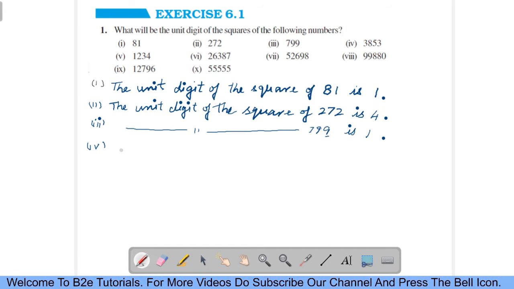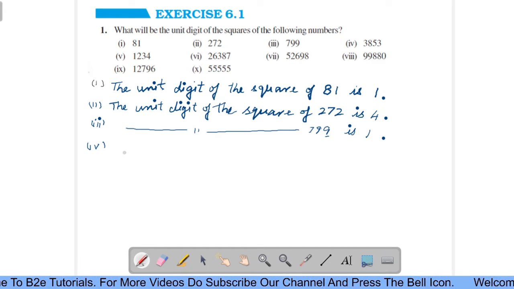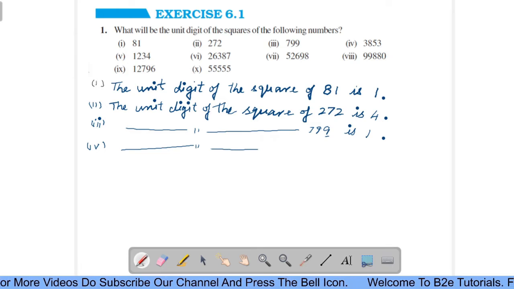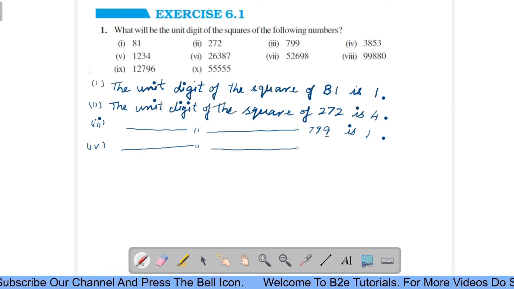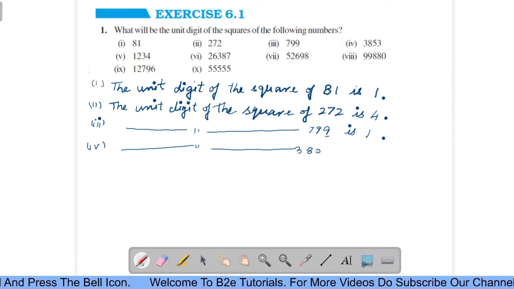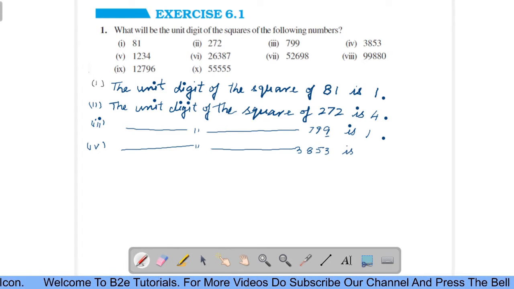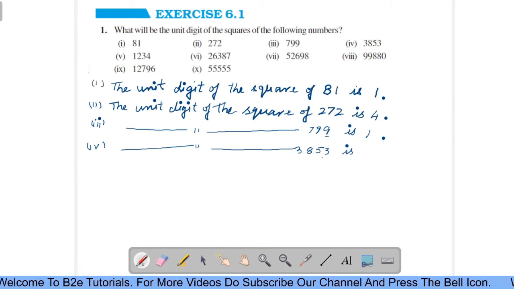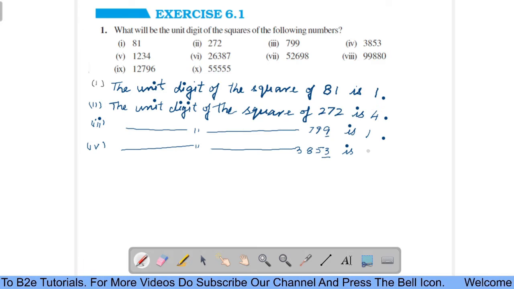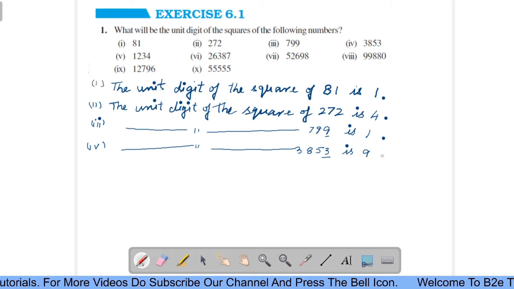Now come to fourth part, the unit digit of the square of 3853 is: here the unit digit is 3 and the square of 3 is 9. Your answer is 9.